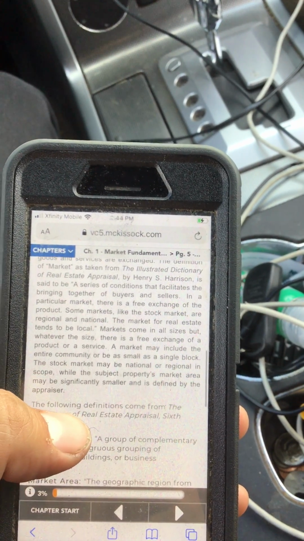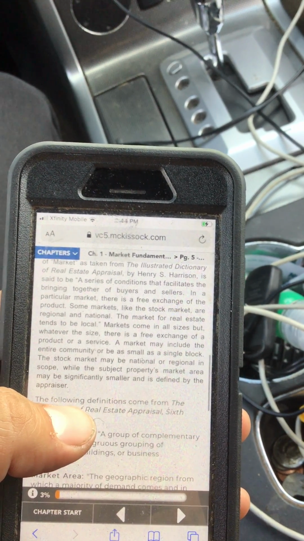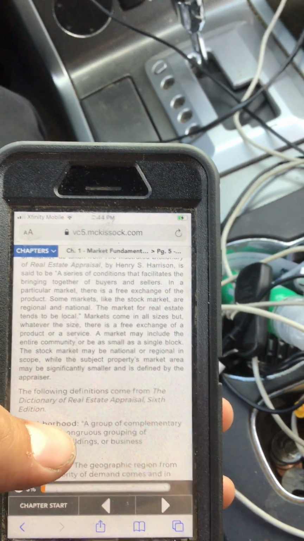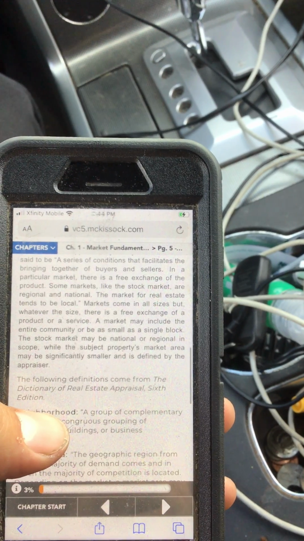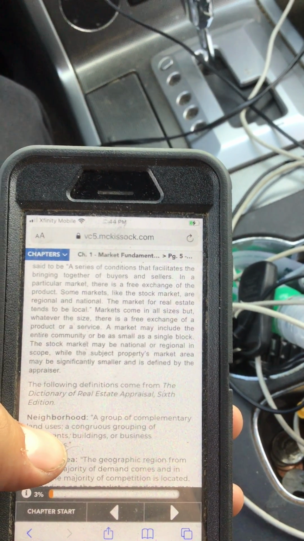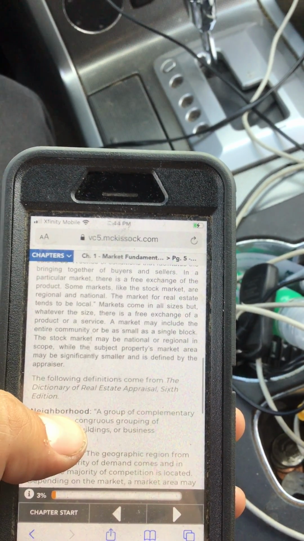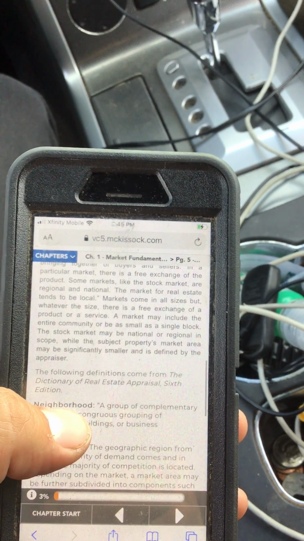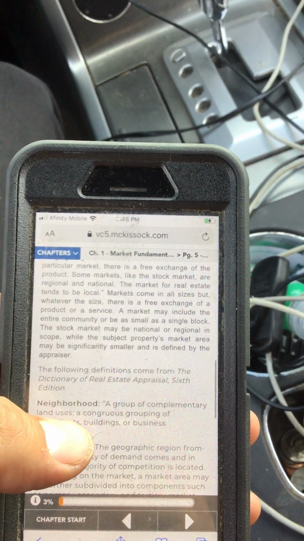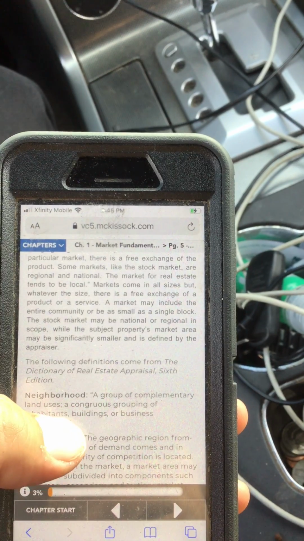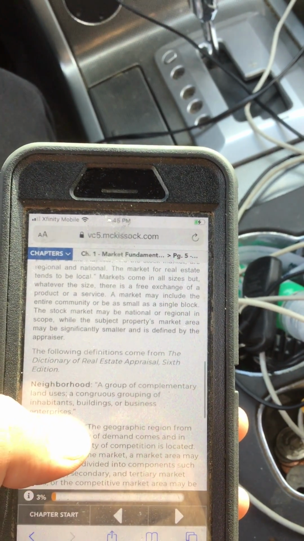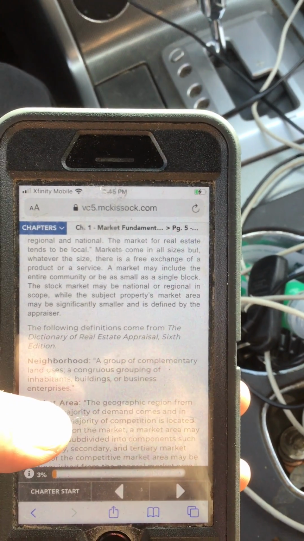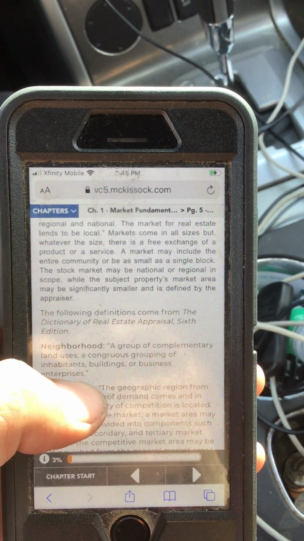The definition of market, as taken from the Illustrated Dictionary of Real Estate Appraisal by Henry S. Harrison, is said to be a series of conditions that facilitates the bringing together of buyers and sellers in a particular market. There is a free exchange of the product. Some markets, like the stock market, are regional and national. The market of real estate tends to be local.